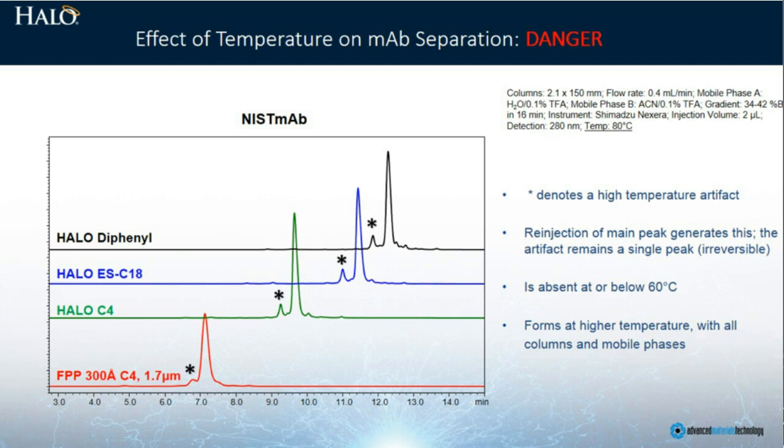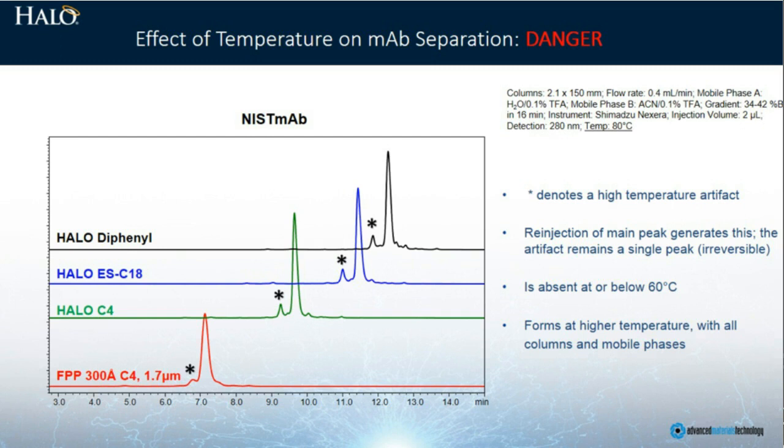It's important to get full recovery, but we have seen examples of monoclonal antibodies where we see a temperature-dependent accumulation of artifacts that are due to the chromatographic conditions. In this case, showing mAbs, which is one of the more sensitive monoclonal antibodies where we've seen this, we see a second peak shown with the asterisk.